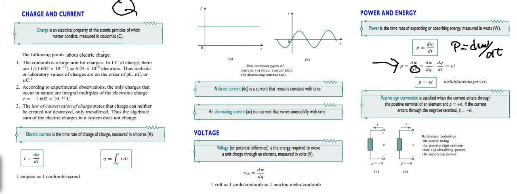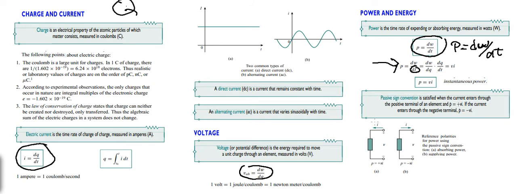Simply, since we know the value for voltage and also the value for current, noting that the formula for power is this one, if we multiply these, the result is dW over dt.